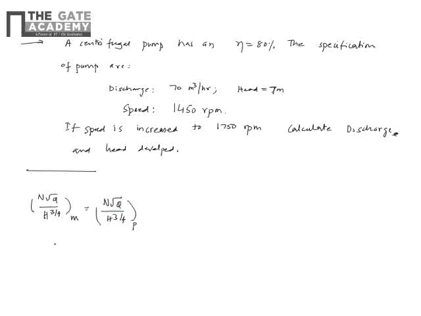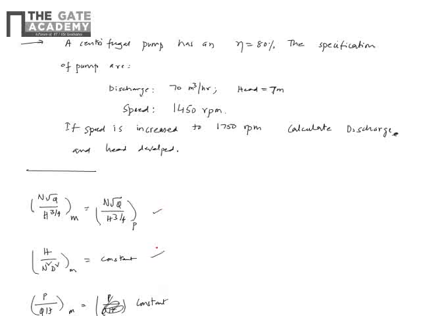The other is H by N² D² is constant, and the other one is power is constant. So what is asked is, if the speed is increased, the discharge will change, and obviously the head also will change. So I can use this, right?